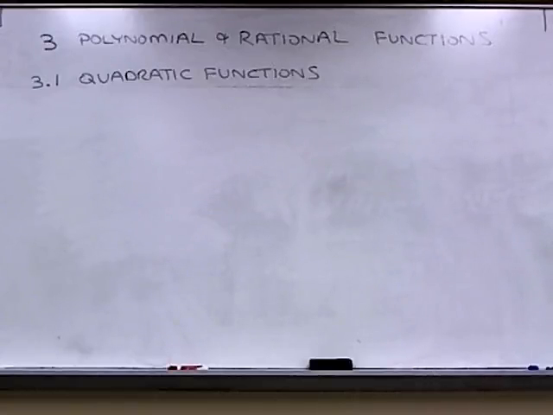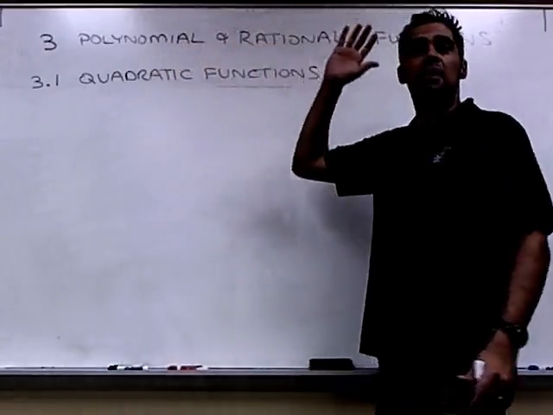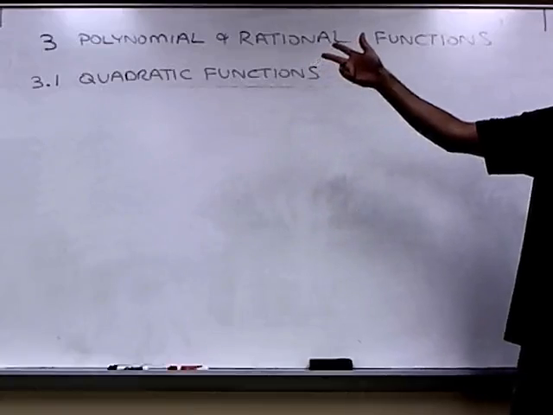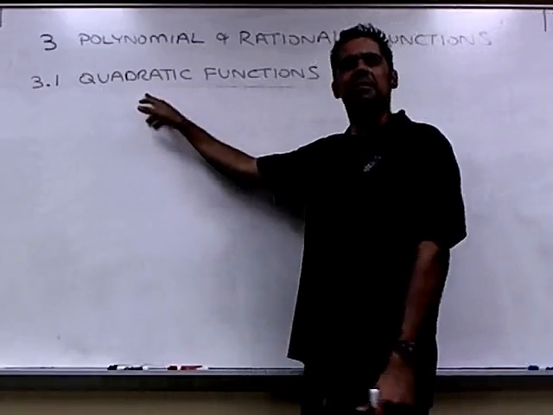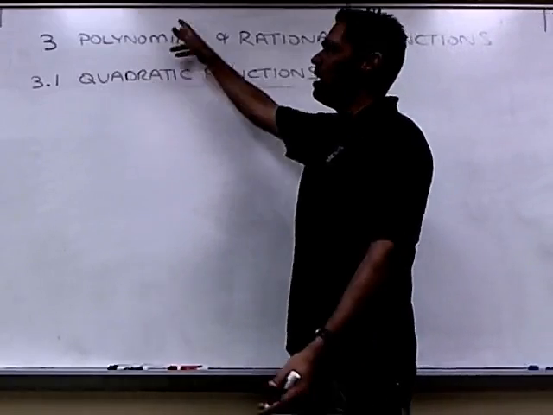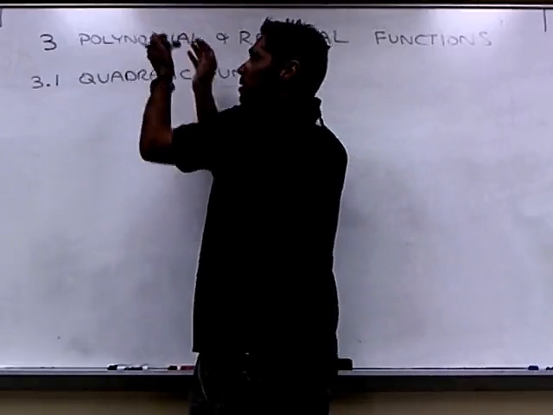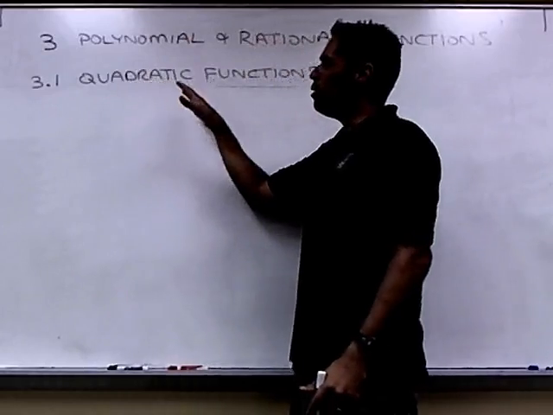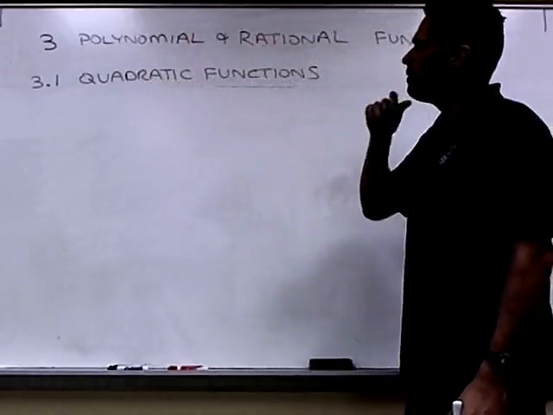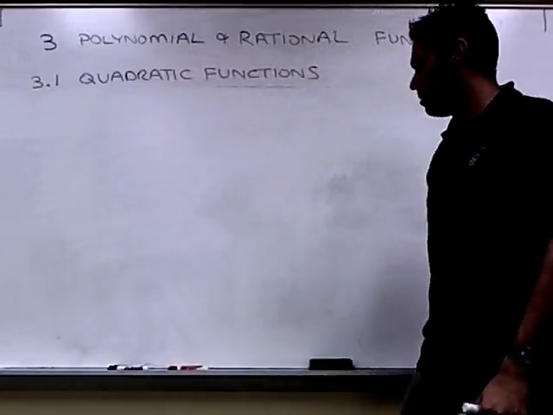So it's kind of weird because this chapter starts off, it says, hey, we're going to study these things called polynomial functions and then rational functions. And then in 3.1 they talk about quadratic functions. Well, why didn't they mention that up here, right? Well, it turns out that a quadratic function is a type of polynomial function. So we'll get to that later when we get to like 3.4. But for now, don't worry that this is called something other than those two.